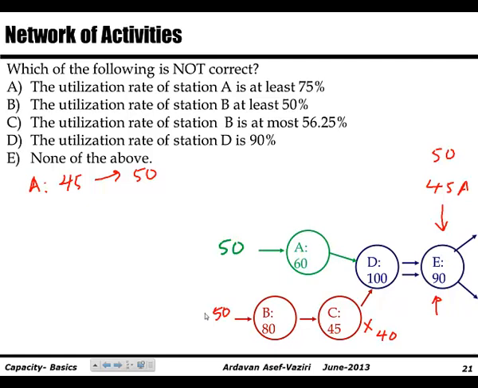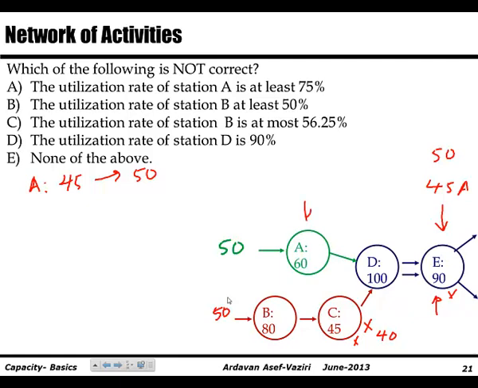Because demand is 50, we want to produce 50 units, but if we produce 45 of BC, we cannot produce 50 of A, we can produce only 45. So the minimum production of A is 45.